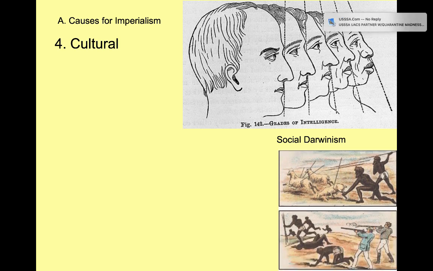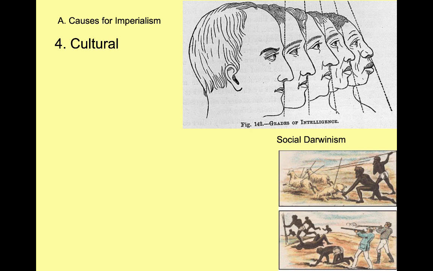Here we see another interesting example of this idea, right? In the top picture we see people who are darker skinned, using simple tools to go hunt and get their food. And then we see that white people from the West have evolved even more, and so they're able to now hunt the hunters.